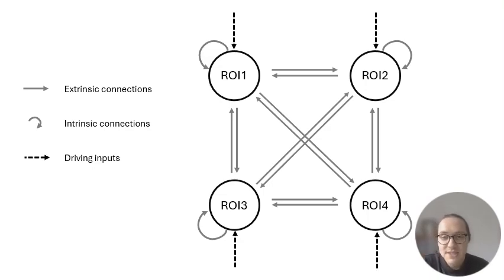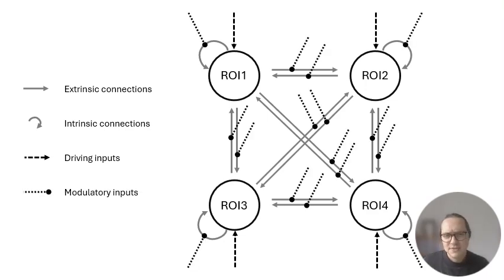You'll have some experimental driving inputs to particular regions, so inputs that might act to increase or suppress the activity in a particular region. And you'll finally have some modulatory inputs, so how does your task modulate the connections that you have between or within regions?